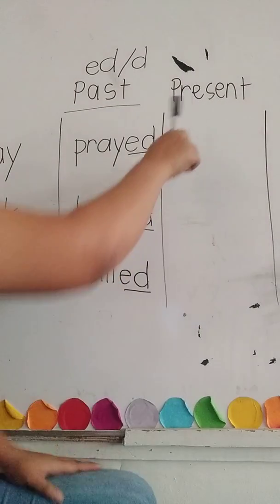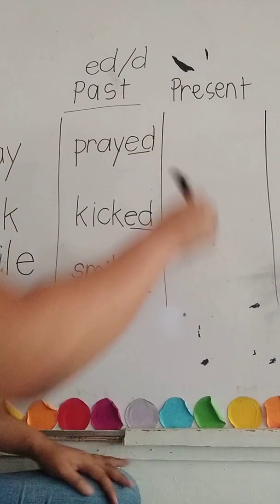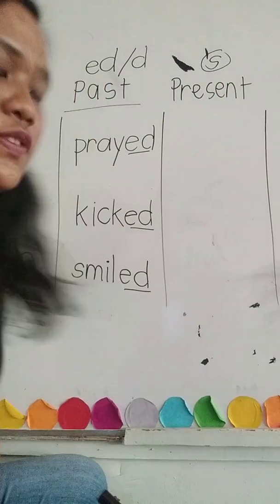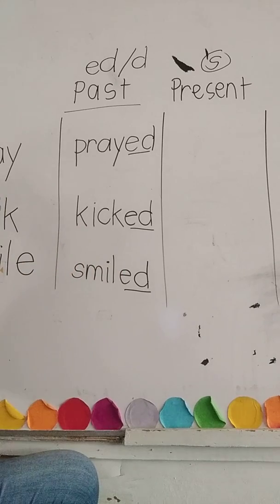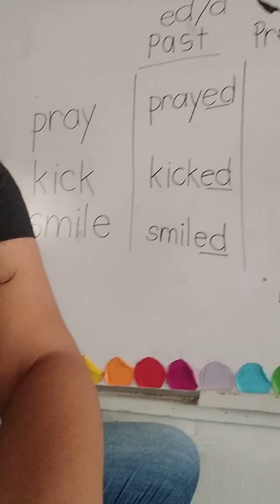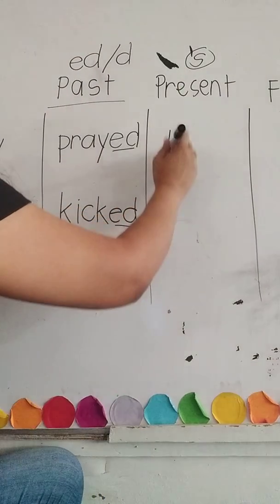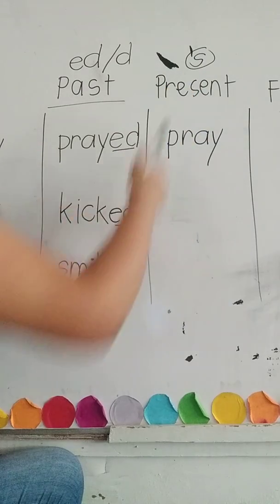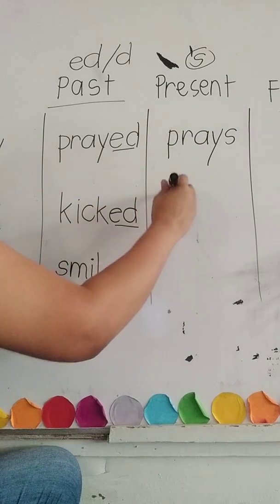Okay, our next tense now is present. So for present, the book tells us that we add a letter S. Okay, letter S for present. Present means it is happening right now. So the same rule, copy the spelling of the word from over here, the first part. So we write P-R-A-Y and add letter S. Kick, this is our word.